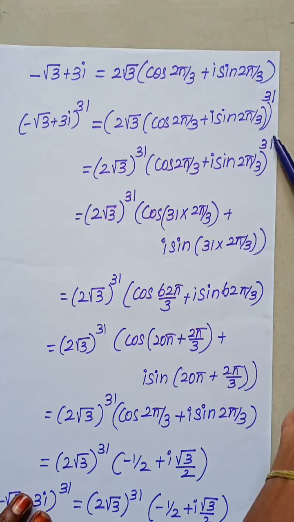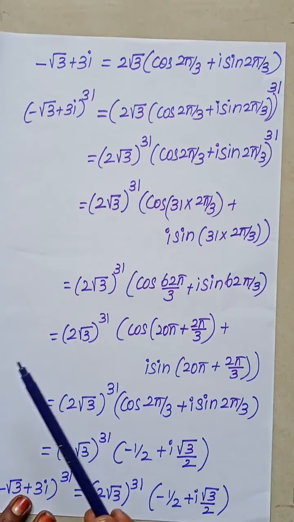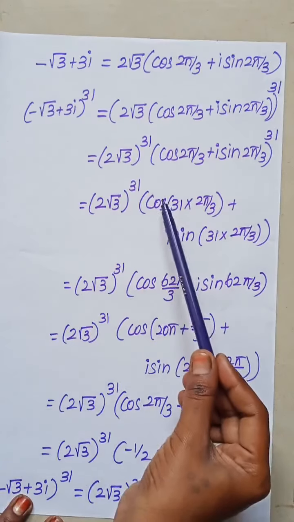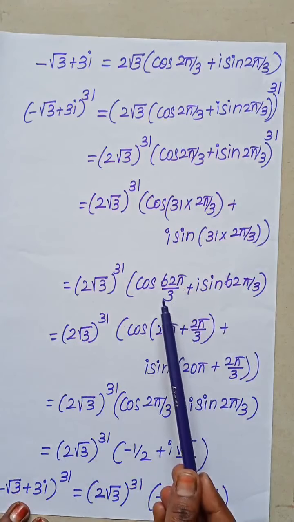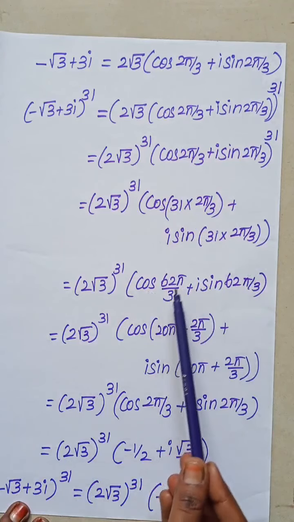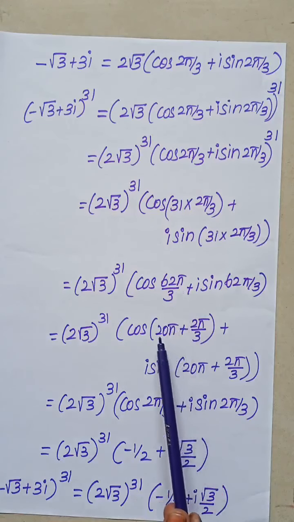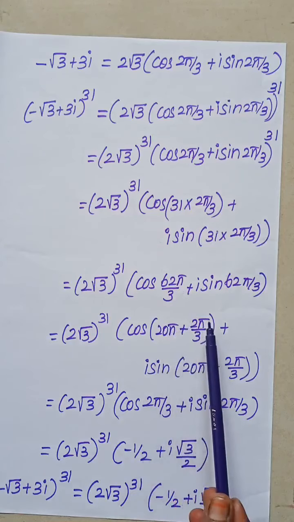Then apply the de Moivre rule: the power comes inside the bracket and multiplies. 62 pi by 3 exists. This 62 pi by 3 can be split into 20 pi plus 2 pi by 3.